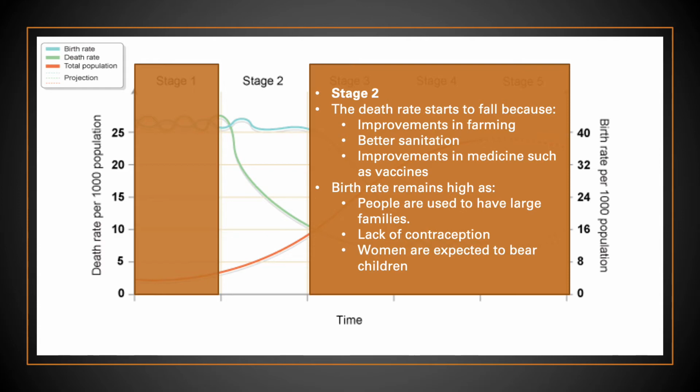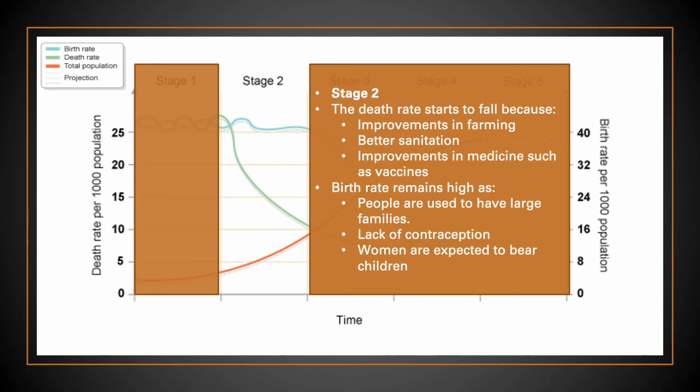So people start to dispose of sewage and waste in a better way. There also tends to be improvements in medicine at this stage, so people survive for longer. Okay, so vaccines have started around this sort of time in the UK, starting with smallpox.